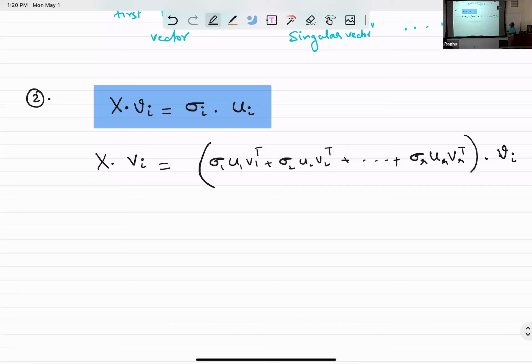Exactly, right? So, I have a sum and a product. I can push this product inside, okay? So I would get something like sigma 1 times U1 times V1 transpose Vi. And the same thing for sigma 2 times U2 times V2 transpose Vi, plus so on.